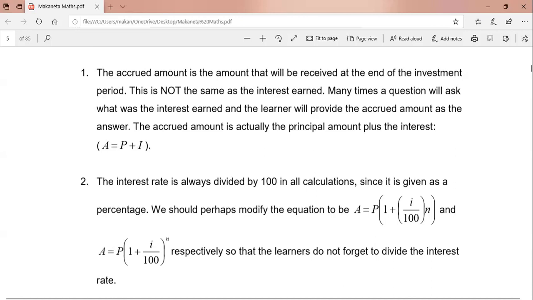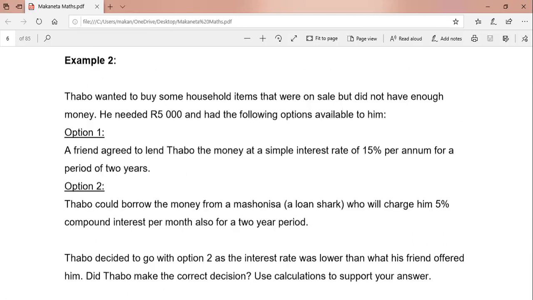So once you do that, you run the risk of losing your correct values, especially the accrued amount. You may not get the correct accrued amount. And if there's a follow-up question on the question where the misconception took place, you are likely to lose marks also in the next follow-up question. So it's very important to do the right thing the first time so that you don't lose marks along the way.